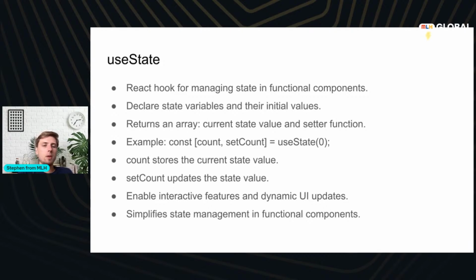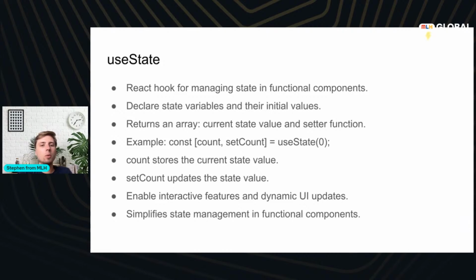So that would be just how you would get the value at any given time is by calling that current state value. And then also it returns a setter function, which is a function object. And you can pass along a new value to the function, and it will update the value of count or the value of the current state.